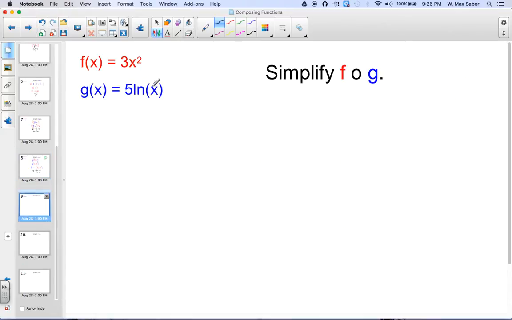I've changed the functions around, so let's say we have f of g of something. Here, the outer function is the f, so 3, and then inside we're going to take g, and that's going to go inside the blank of f of x.